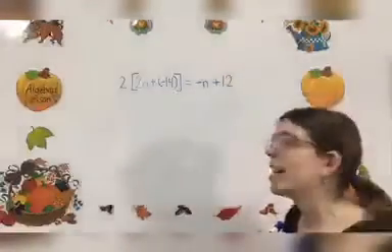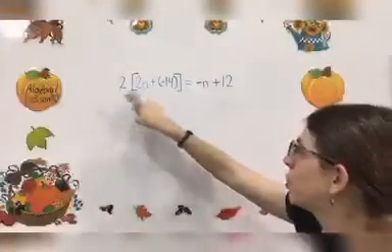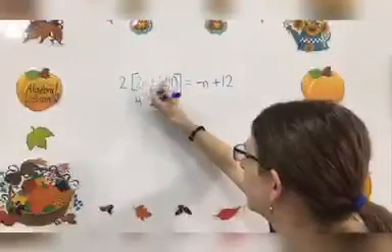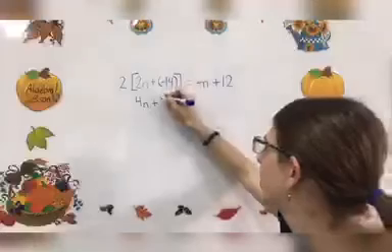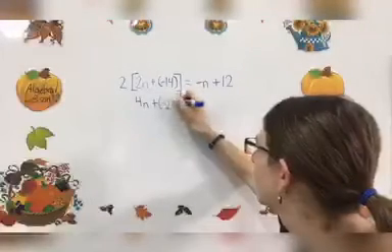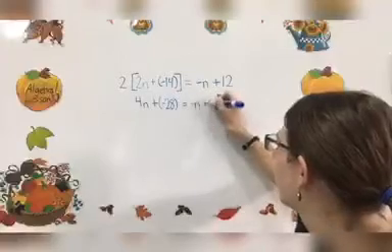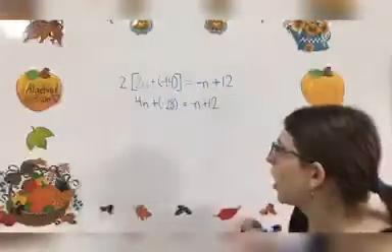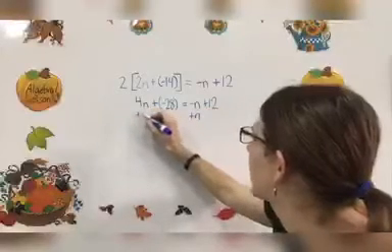Okay, now I can simplify and solve. 2 times 2n is 4n, plus 2 times negative 14 is a negative 28, equals negative n plus 12. Okay, I'm going to add n to both sides so that I can move n over.